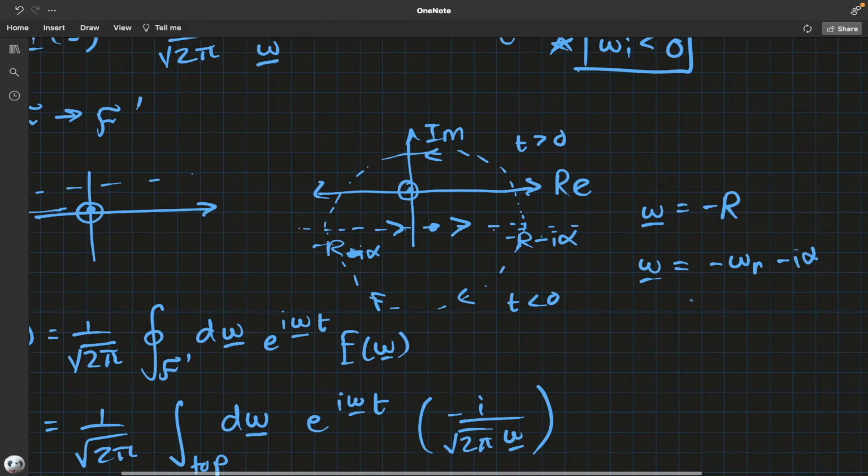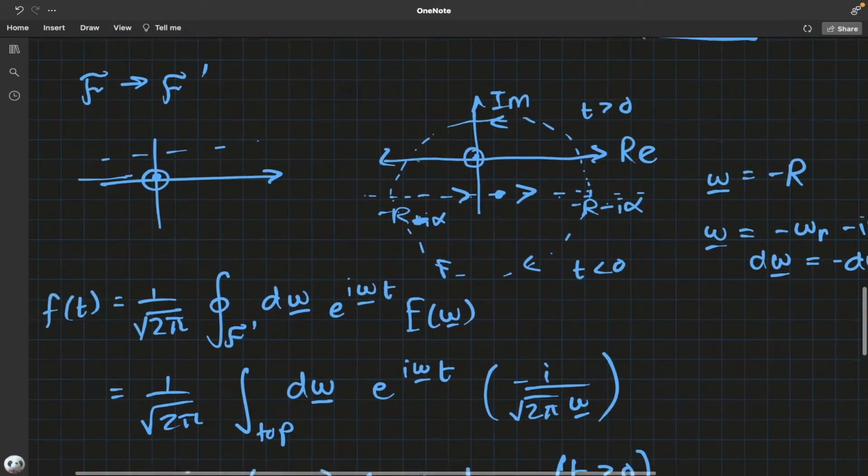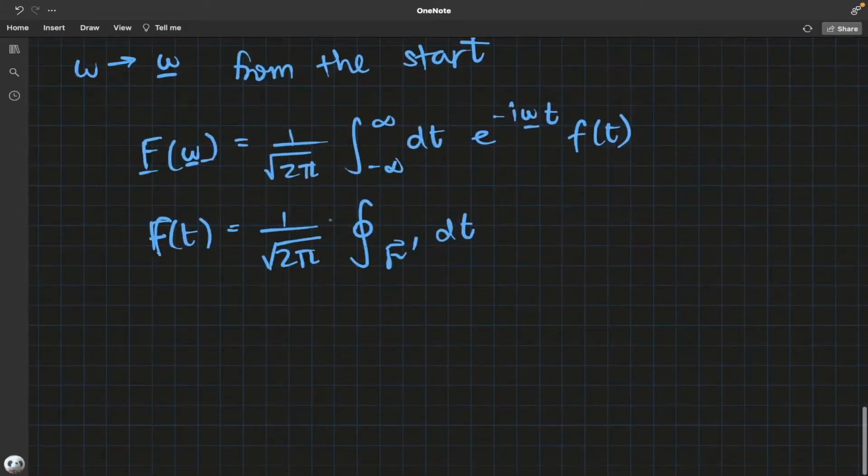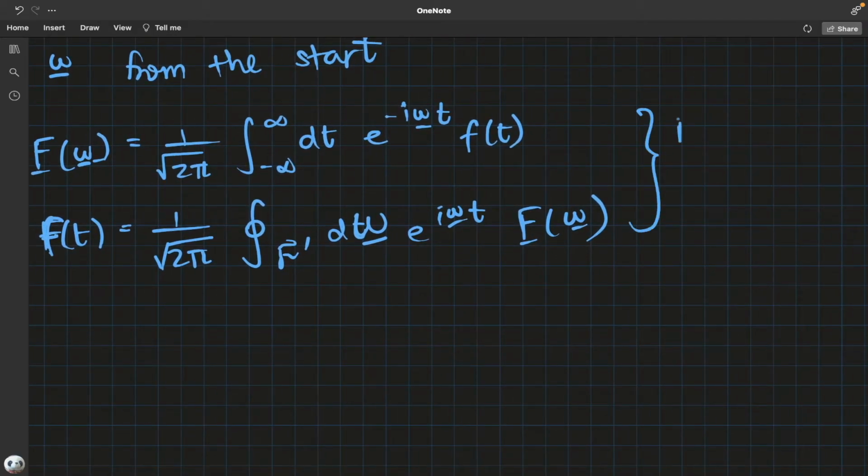You have to parameterize it like this on this bottom line, which is not really the real axis anymore. That's why I'm writing it this way, so that whatever line you are on, you can account for that. So we can be a little more general about it. There we go. This is what the inversion should look like, and this is the modified Fourier transform.